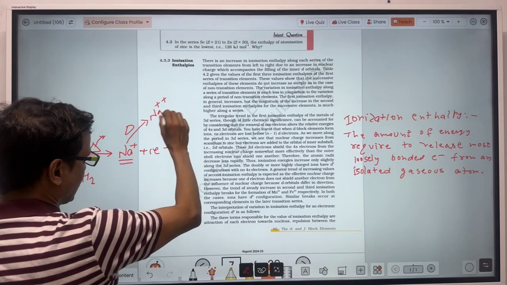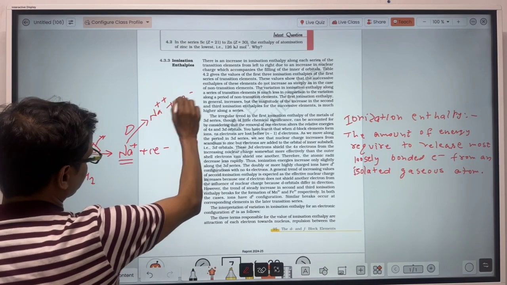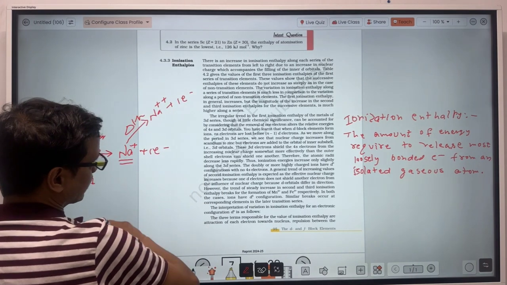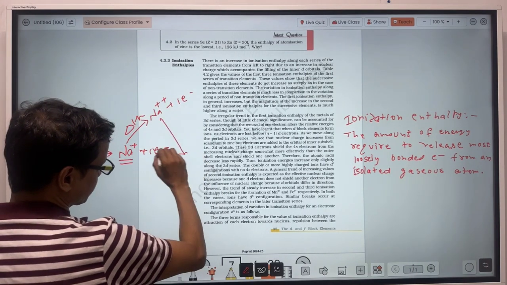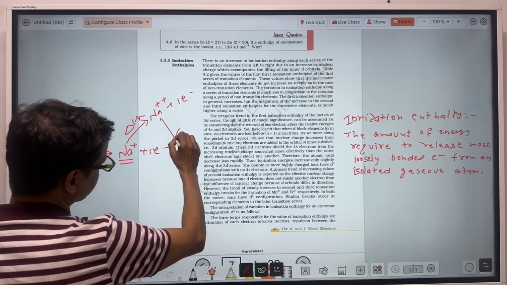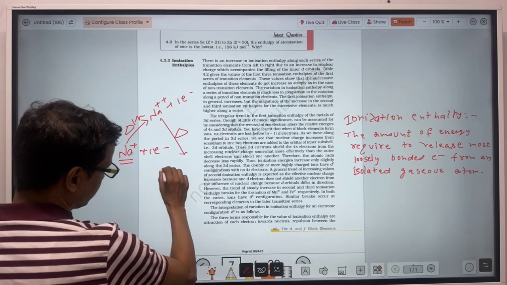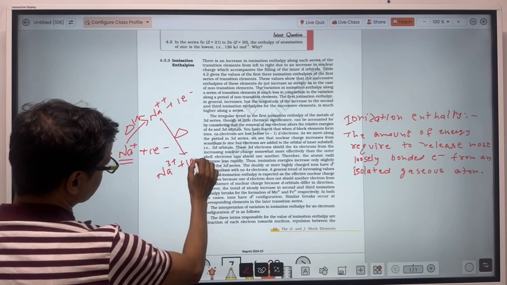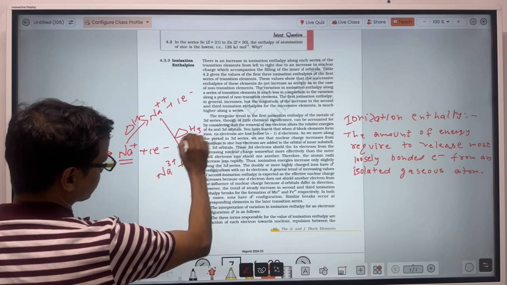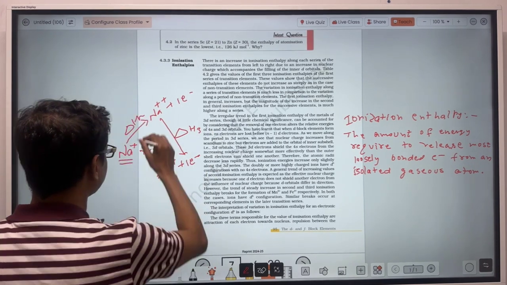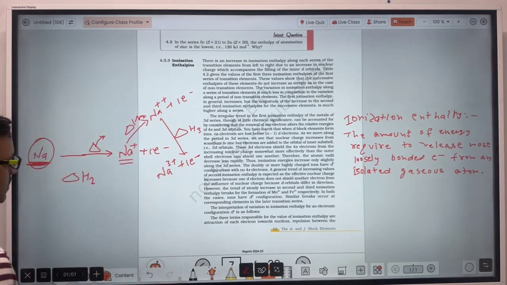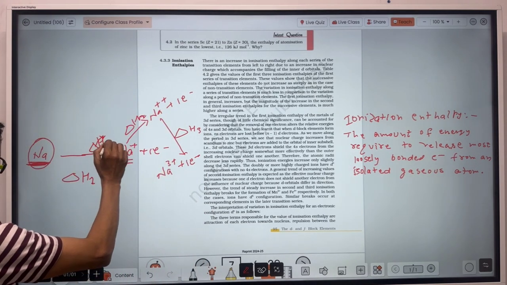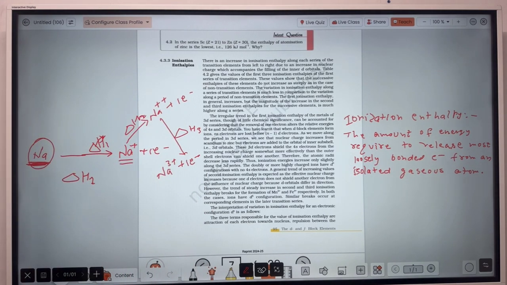How much energy you have to supply to release this electron will be called second ionization enthalpy. In the same way, the energy to convert Na2 plus to Na3 plus will be called third ionization enthalpy. Here ΔH3 is third, ΔH2 is second, and here ΔH1 is first ionization enthalpy.